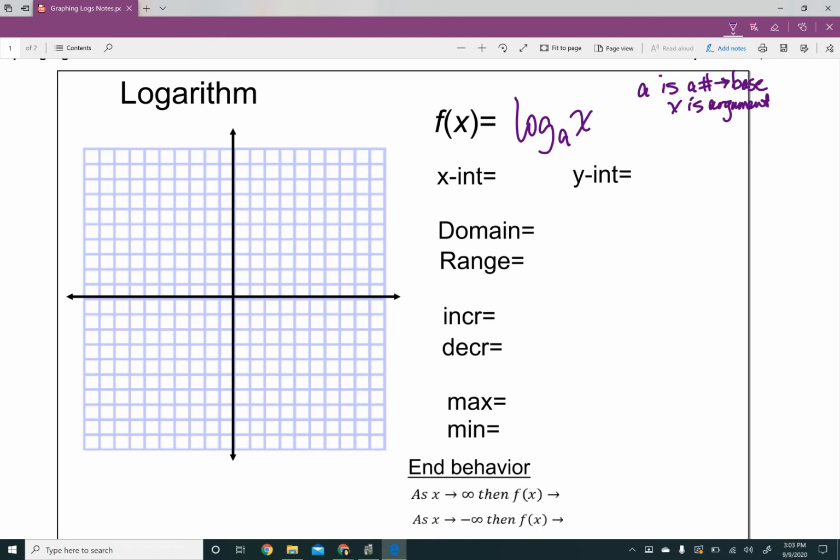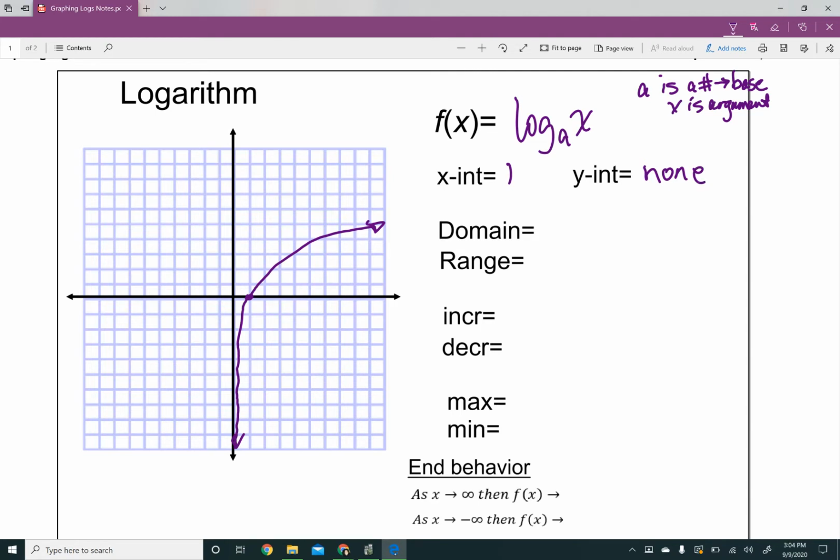This graph basically looks like this. It comes right up against the y-axis. It crosses at 1 and then goes over like this. So its x-intercept is right here at 1. It has no y-intercepts.